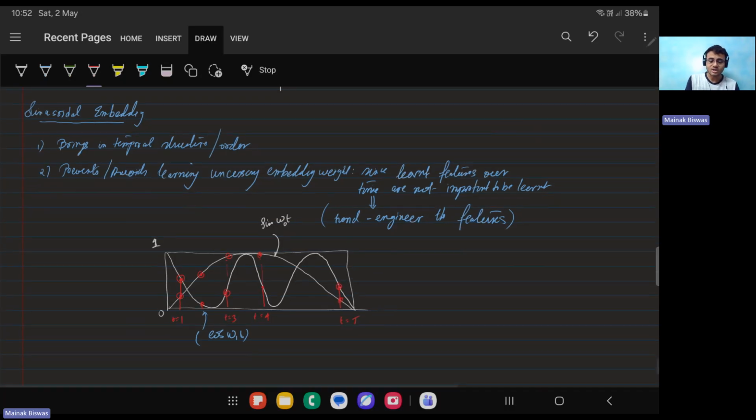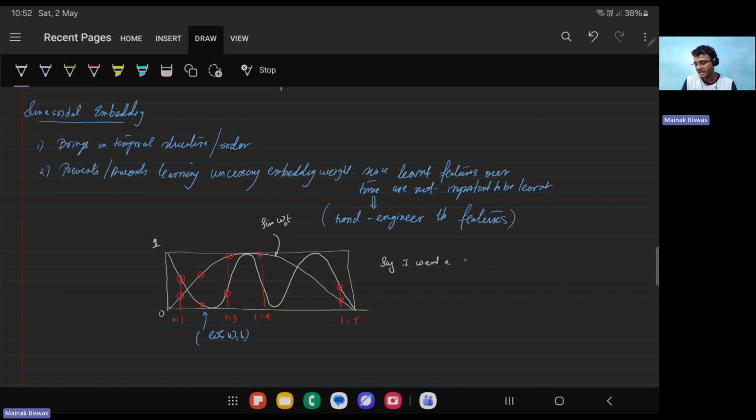What is actually done in this field is, say I want a d-dimensional embedding. Let us take a 2D-dimensional embedding. It has to be even because I want both cos and sine functions so that I can even match phase shifts and so on.